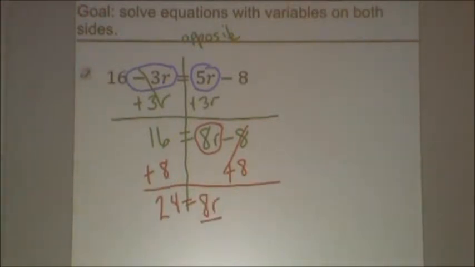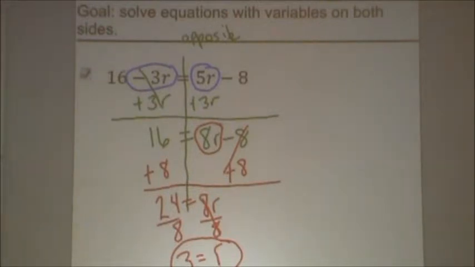And I'm going to divide both sides by 8. Since 8 times r equals this, I want to do the opposite, and the opposite of multiplying by 8 is dividing by 8. And 24 divided by 8 is 3. 8 divided by 8 cancels out because it's opposite, and I get r equals 3.